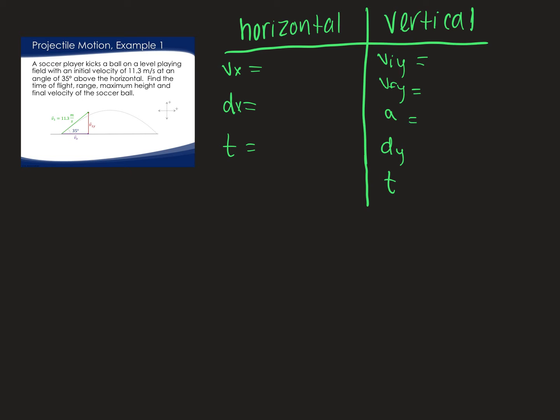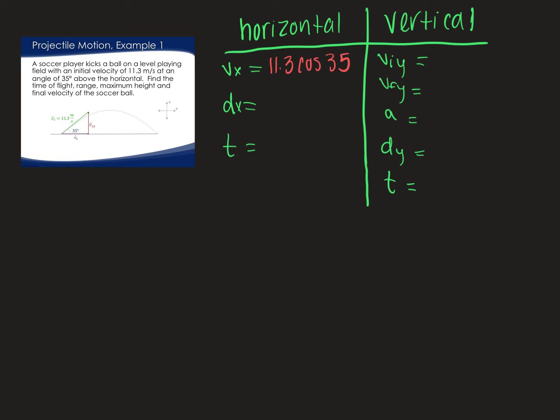So, right now, all we know is that this ball was kicked at 11.3 meters per second at an angle of 35 degrees. So, we can find those components. We use cosine to find x, so that will be 11.3 times cosine of 35.